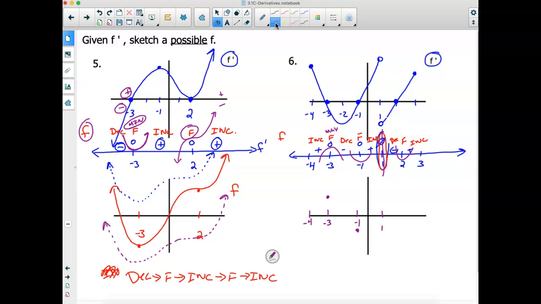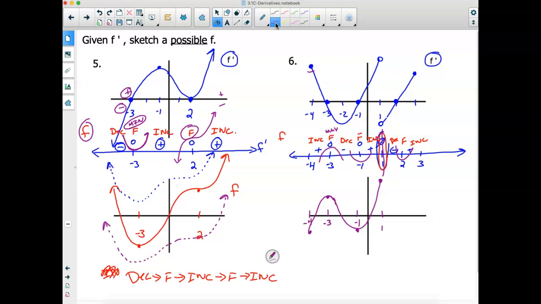So what am I doing? I'm starting somewhere at 4 negative. Okay? So I'm coming down, and I come up to flat, and I come back down to flat, and then I'm coming up, and I'm stopping. Okay, that's what the left side looks like.